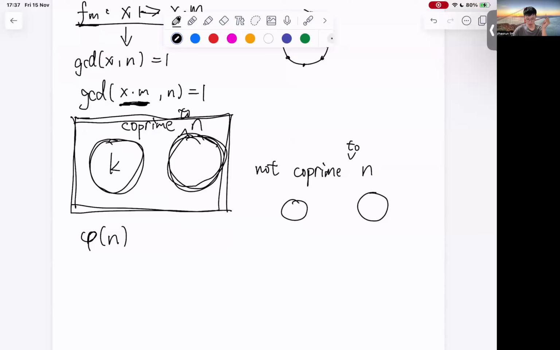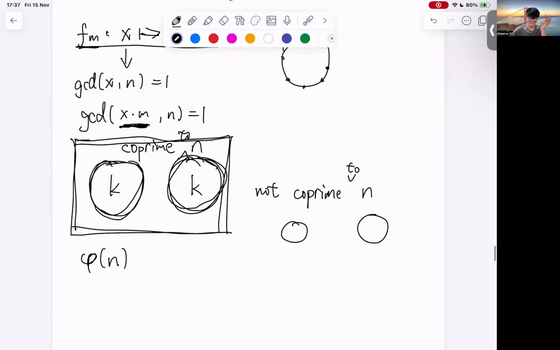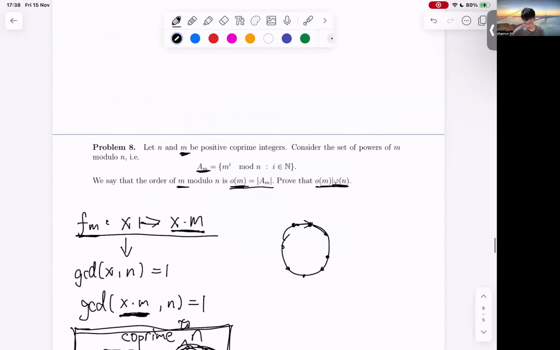So suppose it has a length of k, and we take this cycle, which has the elements 1, m, m to the power of 2, m to the power of 3, all the way to m to the power of k minus 1. So if we take this cycle, this is exactly the definition of A_m, right?